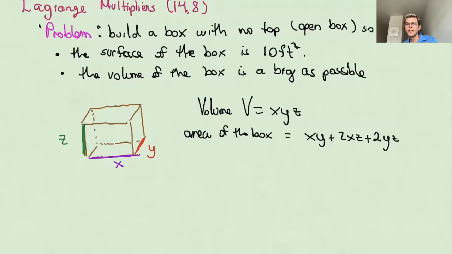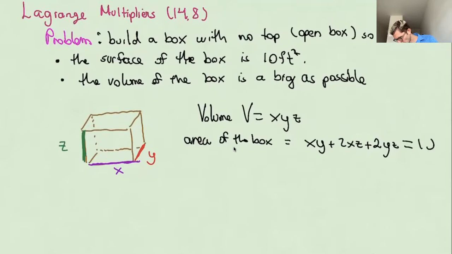Again, this is the amount of material that you're going to use to produce a box. And the condition of the problem is that we want this quantity to always be 10, right? Because of this condition that was given to us. Again, if you are a company, your objective is usually to maximize your profits.